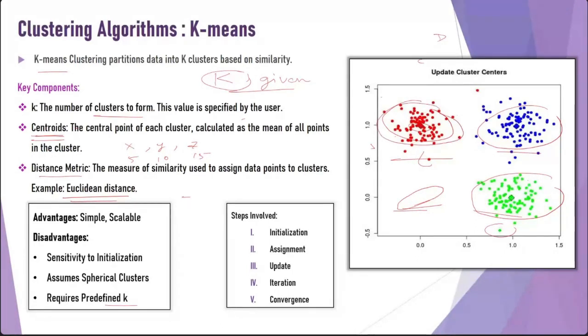The value of the centroid is updated again and again through iteration, and by this iteration the centroid goes into the correct place, in the middle of the data cluster. This algorithm stops when the updating of the centroid value stops, when the centroid value becomes constant and is not changing anymore.